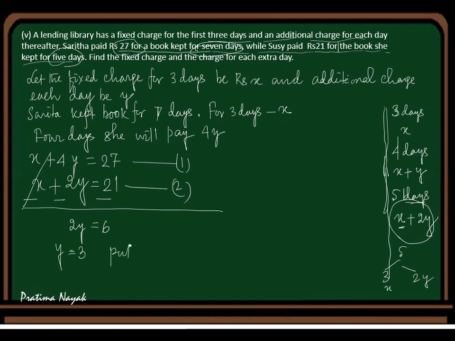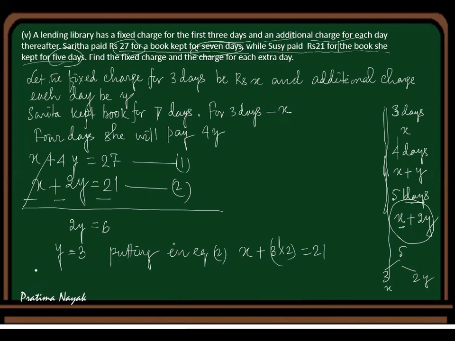Now putting it in equation 2: X plus 3 into 2 is equal to 21.